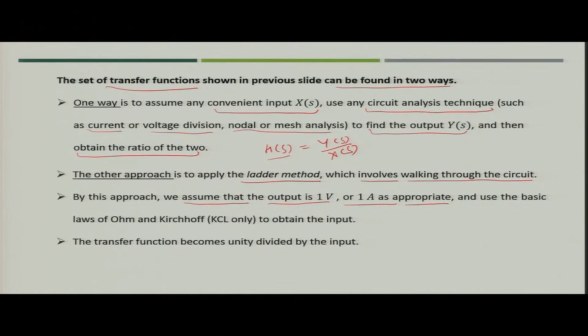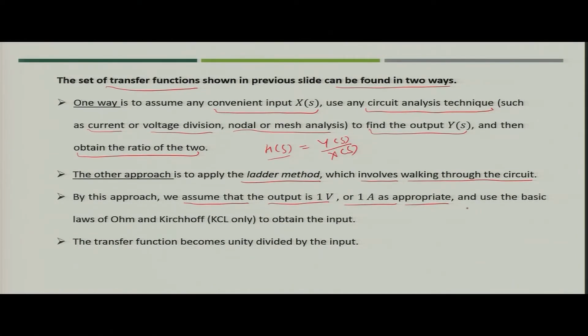The difference between the first approach and the second approach is that in the first approach we assume input as known, some assumption that the input given to the circuit is maybe unit step or something like that. But in case of ladder method, we first assume output. So, it means that we will assume say 1 volt or 1 ampere as the output.